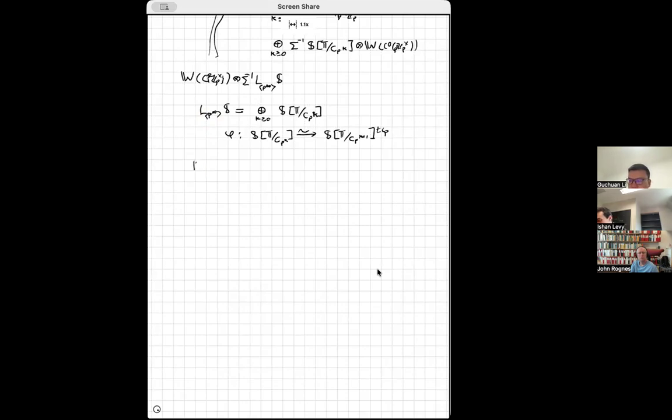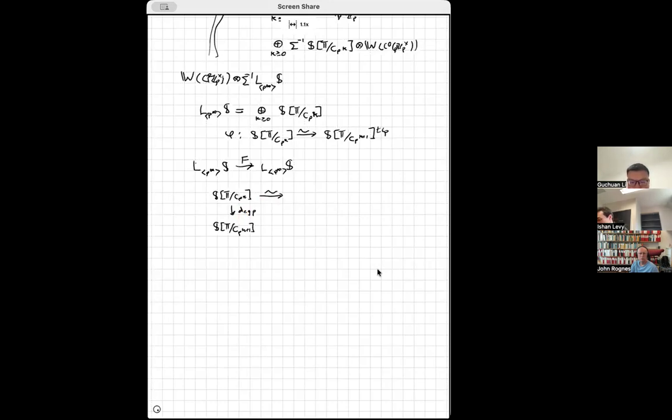There's a map called F from this cyclotomic spectrum to itself, and I'll tell you what it is. All it does is shift degrees by one, namely, it sends this summand of this object to the next summand. It's the degree p map on the circle.